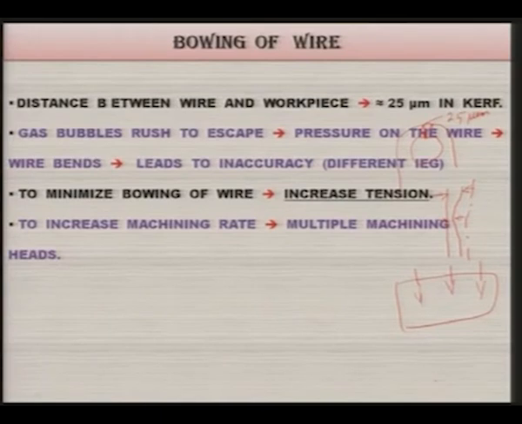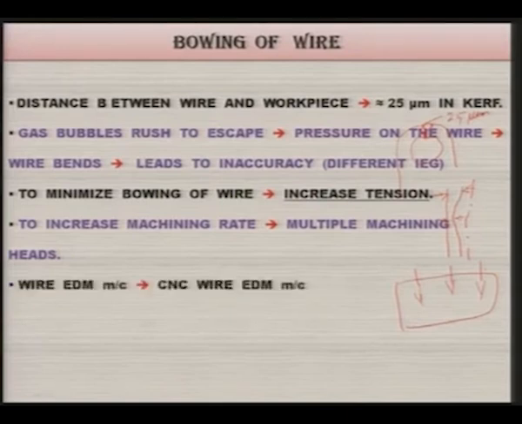So, in the same time which you utilize for cutting one piece into 2 pieces, you can use 3 heads to cut it into 4 pieces. That way the productivity of the wire EDM process can be increased, and wire EDM machines are always CNC wire EDM machines.